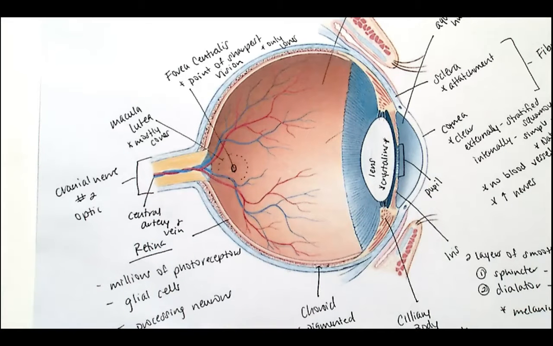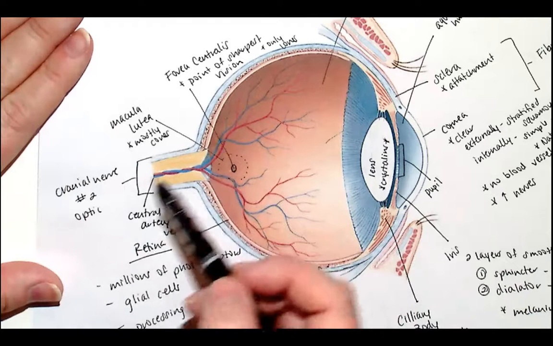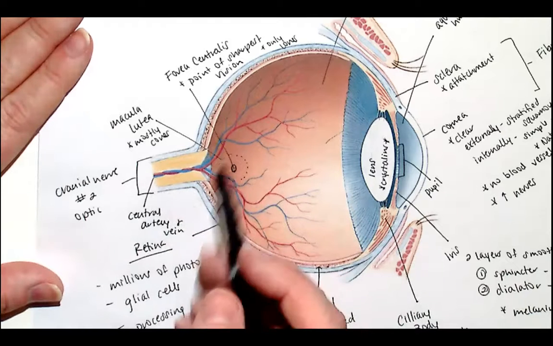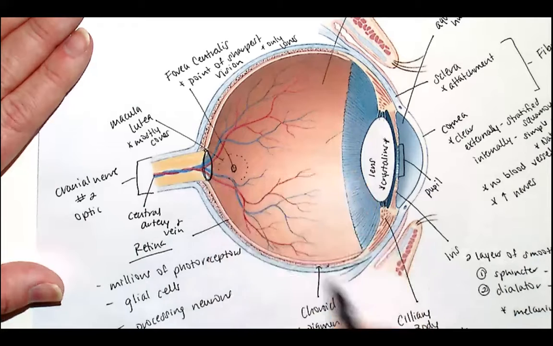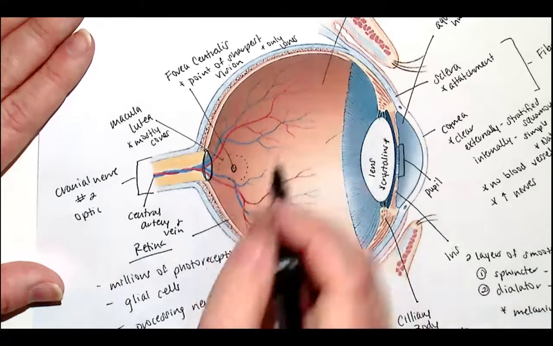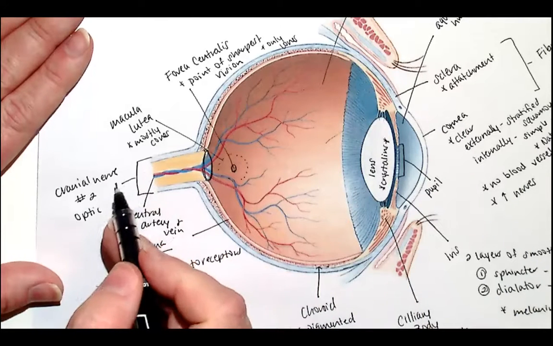Now, because this optic nerve is the place where all of the photoreceptors are converging, you can think about all of those nerves running and nose diving down into this optic nerve here. This area right here is the only place in the eye without photoreceptors. Instead, you just have the butts of the photoreceptors that have already dived down and gone towards the brain.